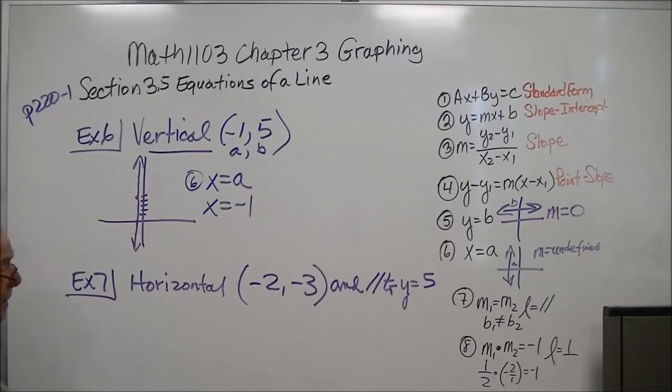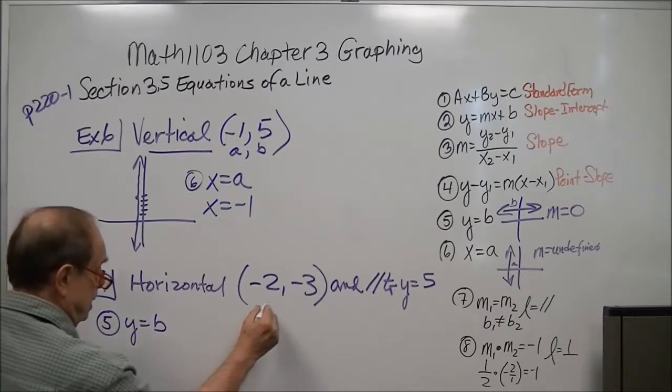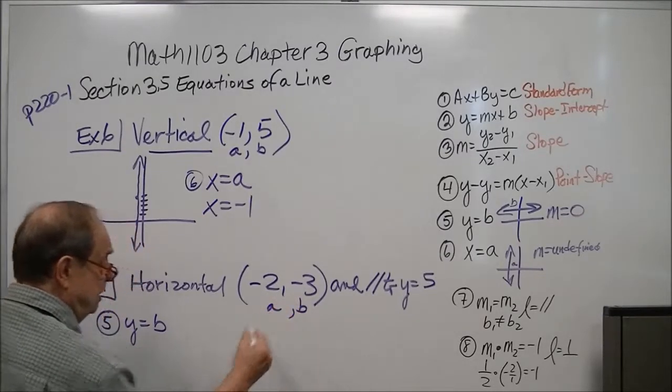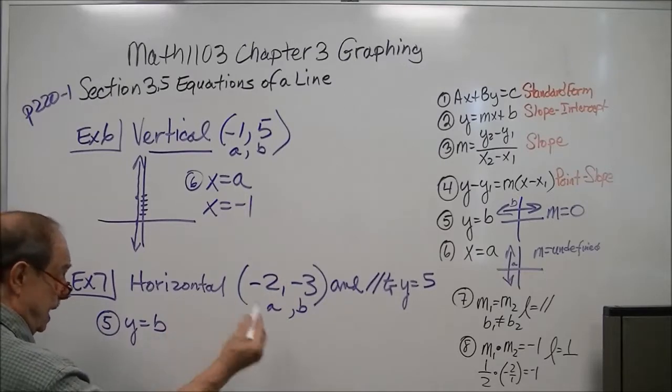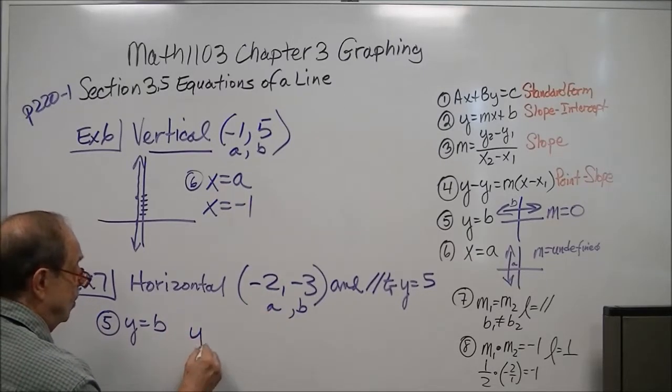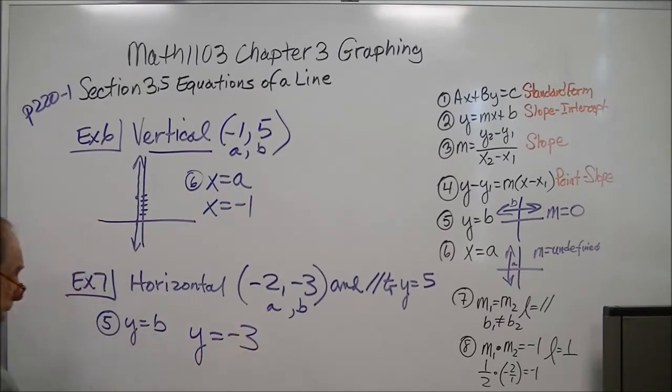So what equation is horizontal? Well, equation 5, y equals b. What's in the b position here? -3. So the answer to this one is y equals -3. That would be a line that is parallel to y equals 5, and all horizontal lines are parallel.